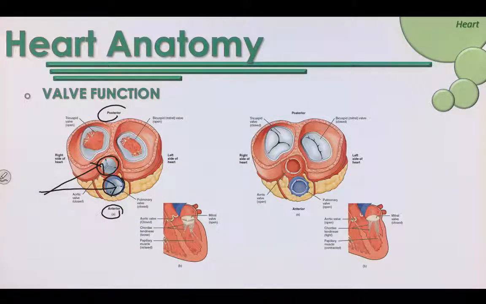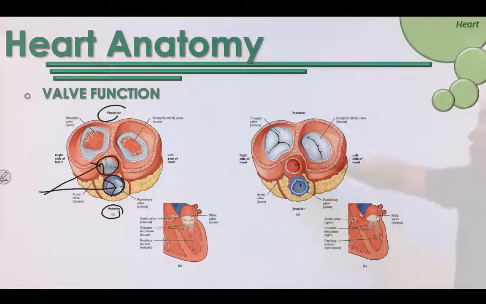the semilunar valves by default are closed. And that makes sure that blood can't move backwards from either the aorta or the pulmonary artery into the ventricles. Then, when the ventricles contract, those semilunar valves open up because they are one-way streets to let blood flow away from the heart on either the pulmonary or the systemic circuit.